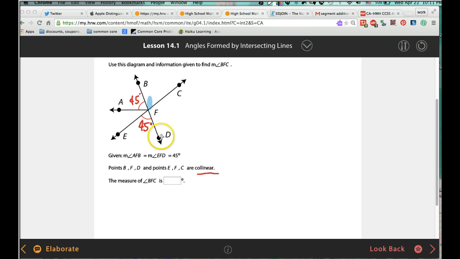Okay, let's figure this out. We don't really have to know too much because, as you already know, what is the relationship between this blue highlighted angle, which I have to find, and this angle? Oh wait, they're opposite angles, right? Opposite angles are called vertical angles, and vertical angles are congruent to each other.